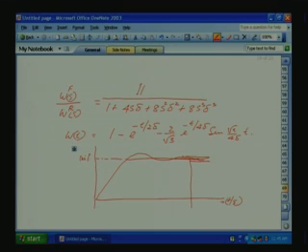The 2% of the final value, that is the settling time, is approximately 13.3 delta, and the rise time will be approximately 7.6 delta, and we get an overshoot of approximately 8.7%. So, this is a good way we have optimized the system.